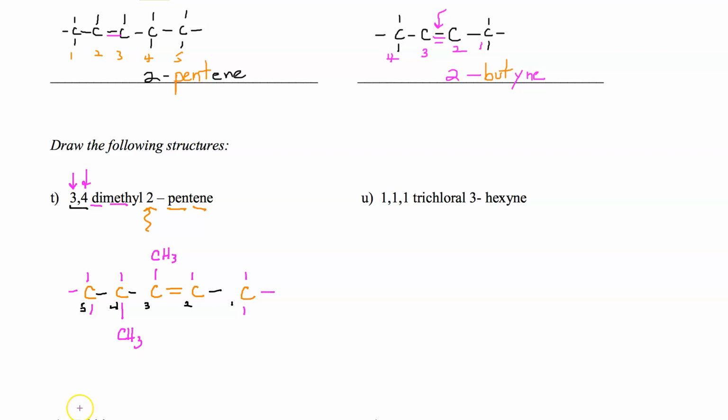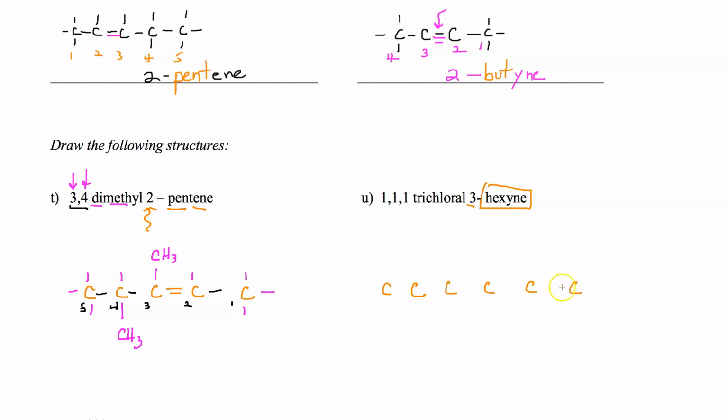Okay. All right. This is letter U. I'm going to start with, okay, hex-. And that's a hexyne. And it's on the third carbon it starts. So here comes my 6 C's. 4, 5, and 6. I'm going to count this way.